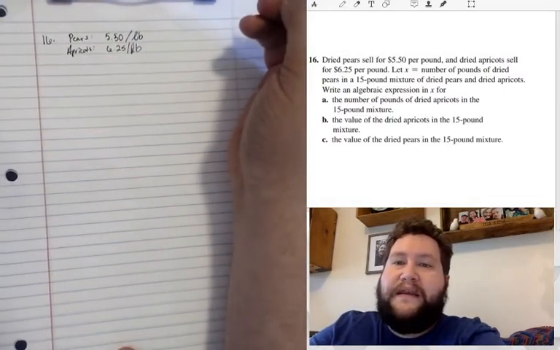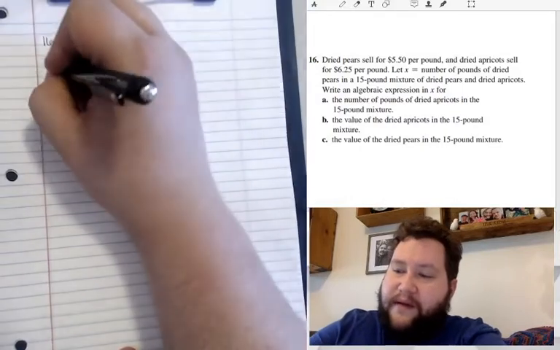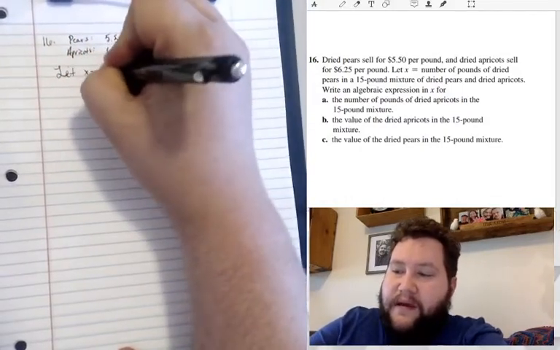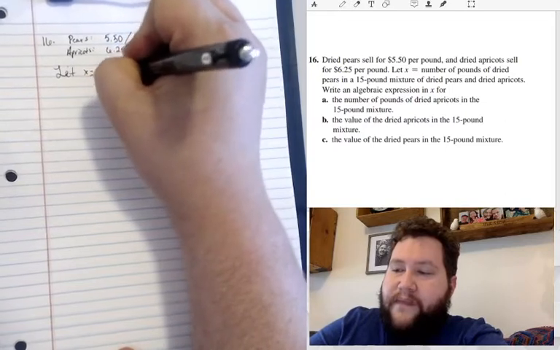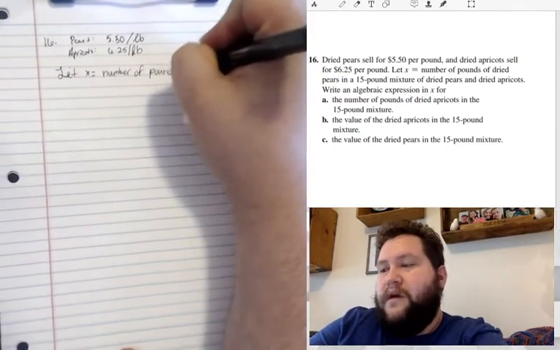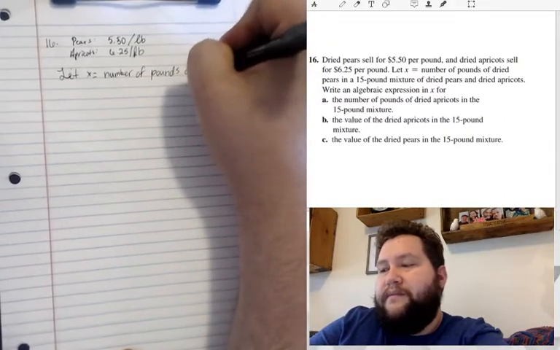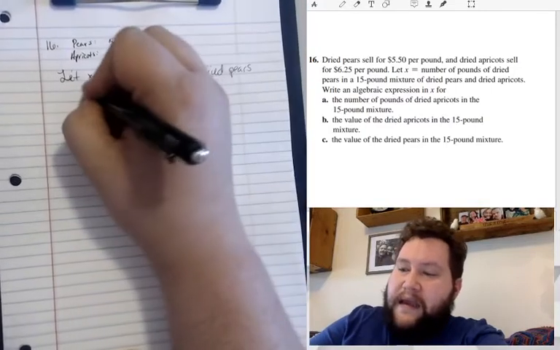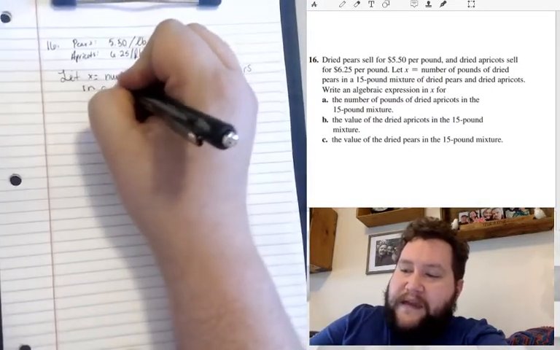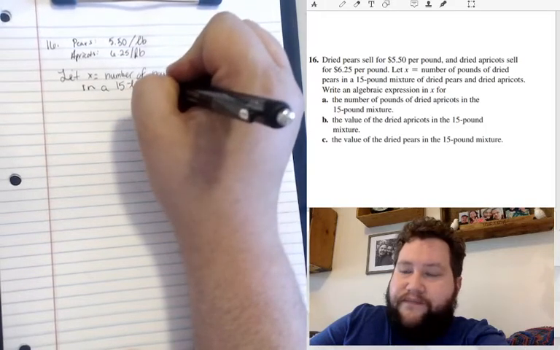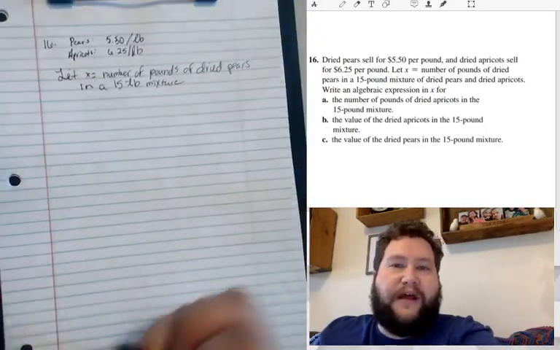Let x be the number of pounds of dried pears. So we're already in step 2. Let x equal number of pounds of dried pears in a 15-pound mixture of pears and apricots.